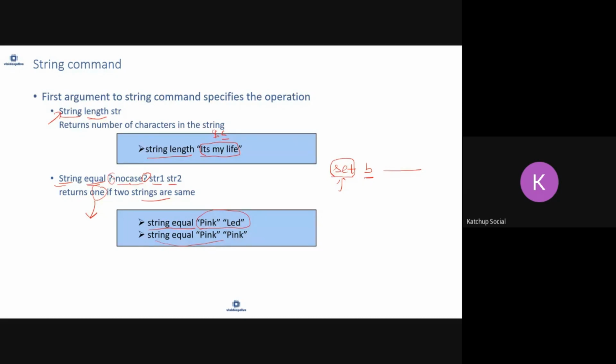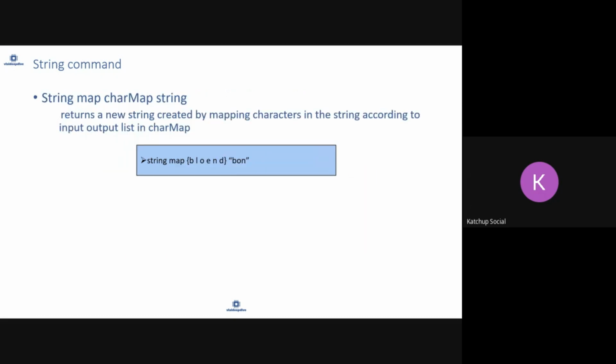So string is the keyword used to do string operations, and the second argument is the specific string operation you want to do. Like string map, which is an interesting function. String map basically maps the string. After string map, there has to be an even number of elements.